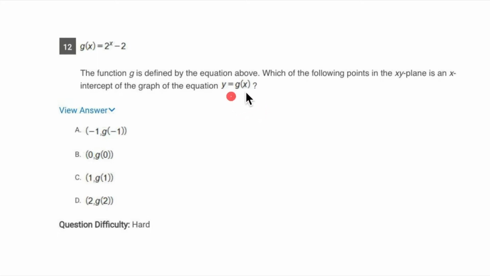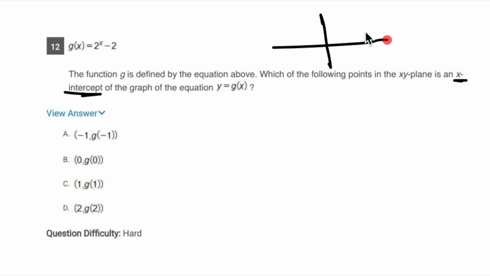So they want you to find which of the following points is an x-intercept. Now, we just talked about an x-intercept. An x-intercept is when y is 0. So if we had our graph and we had a point, let's just call this 1, 0.